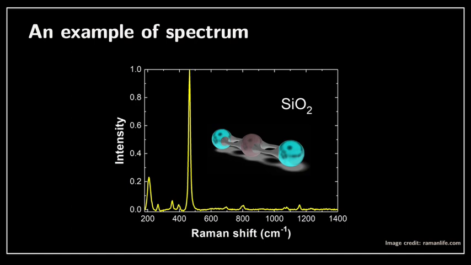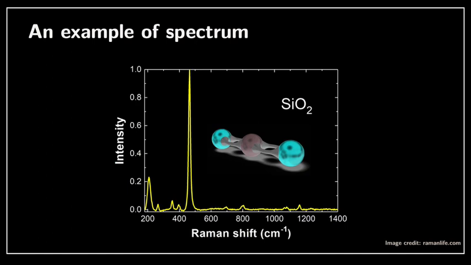The typical range of frequencies, in wave numbers, centimeter-1, is in the hundreds to a couple of thousand. And on the y-axis, you have the intensity. So in this example, if we shine laser light on SiO2, the outcome is that we have a number of Raman shifts recorded at those frequencies with sharp peaks, which we will see correspond to intrinsic properties of the material.